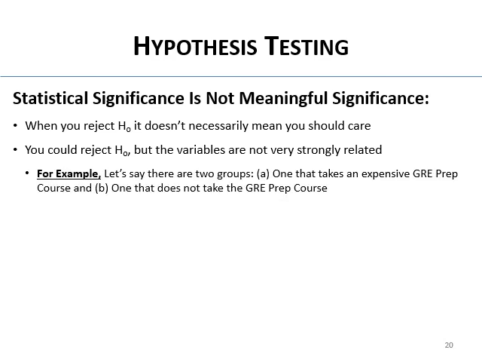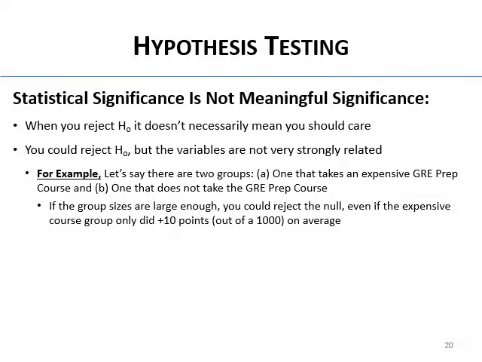So here's an example. Let's say you got 2 groups, one that takes a really expensive GRE prep course and one that does not take a GRE prep course. And the group sizes are large enough, right? So you can reject the null even if the expensive course group only does 10 points better out of 1,000 possible points on average, okay? So yeah, they took this course and they did better, but it's like 10 points out of 1,000.